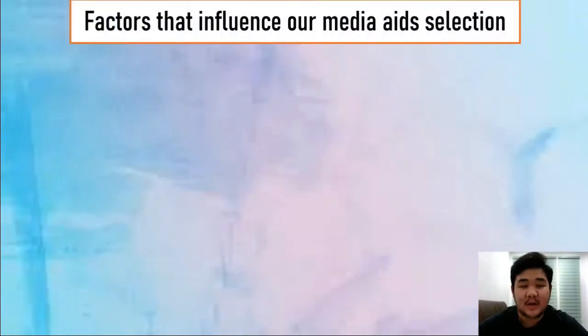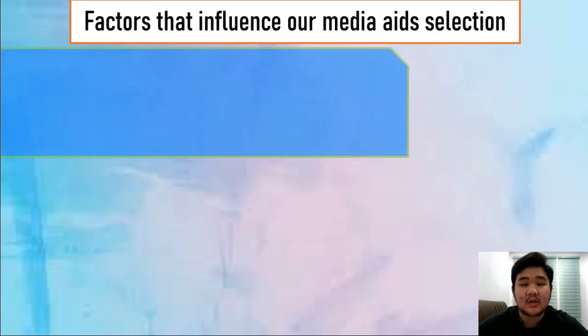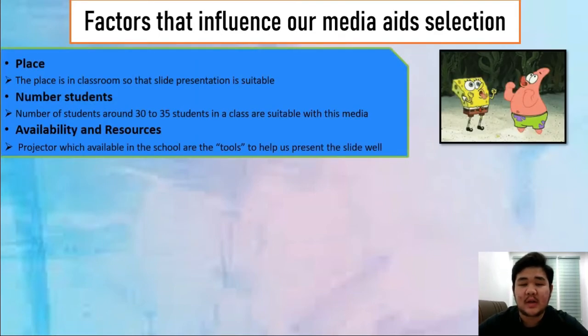Next will be the factors that influence our media aid selection. There are some factors that really influence our projected media, which is the PowerPoint slides presentation. The first one is the place. The place is the classroom, because it is a primary school, so the slide presentation is suitable.